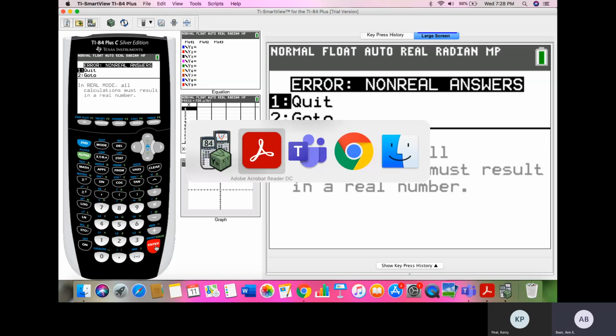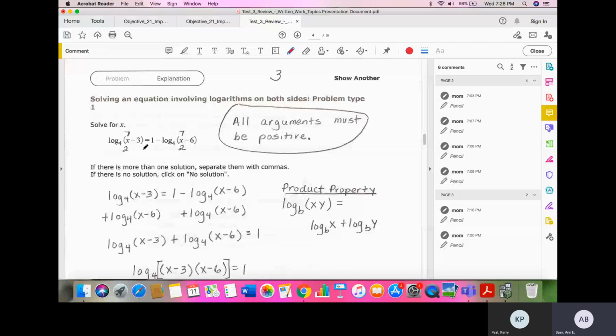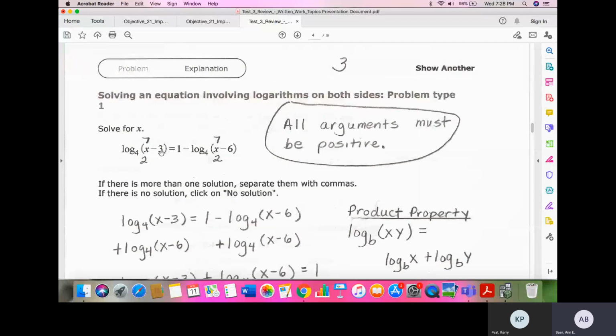And this is really important. Arguments are what you're taking the log of. Examples of arguments in this equation: x minus 3 is an argument. All logs have a base, or an understood base. You could say an ln, but an ln is really log base e.